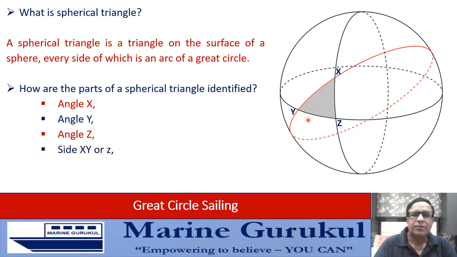So side XY, you can either say side XY or represent it with small z, as you can see in the diagram. Side YZ, you can represent by small x, and side XZ you can represent by small y. So you can represent the sides either by using the combination of the vertices, or you can use the opposite angle in lowercase.